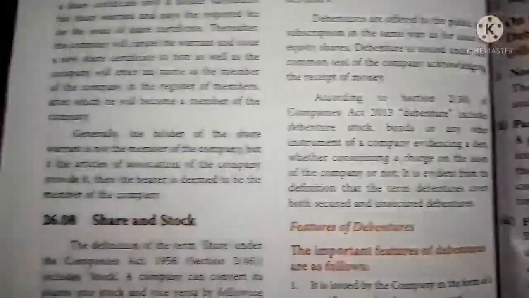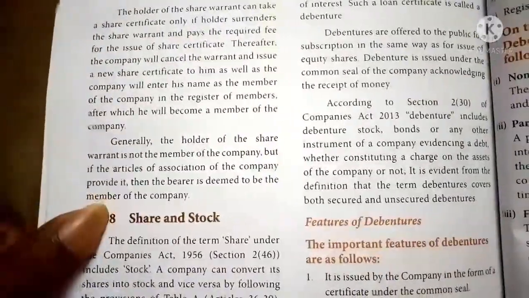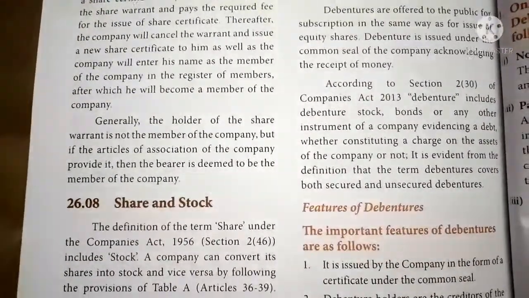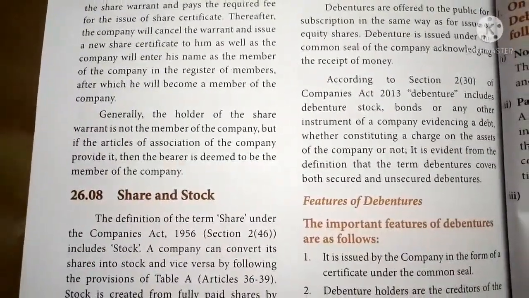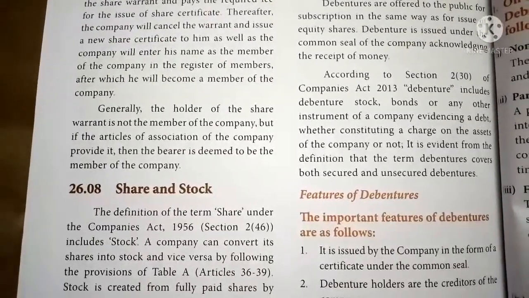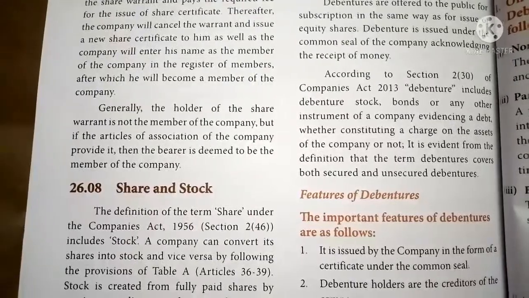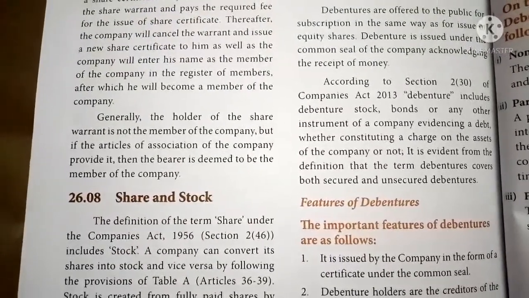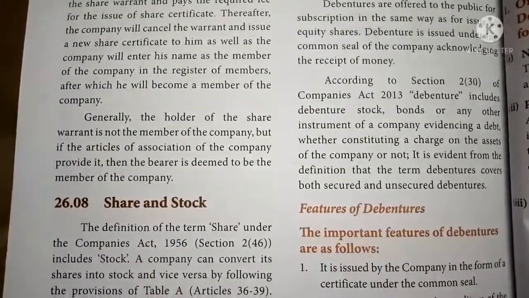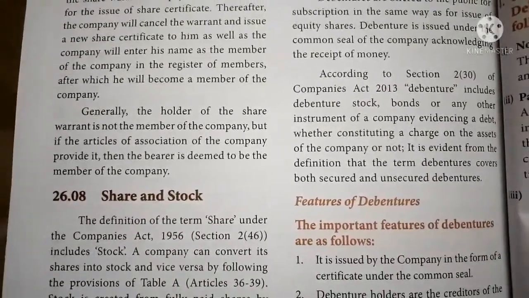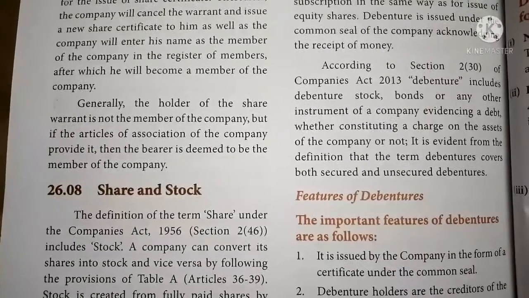According to Section 2 subsection 30 of the Companies Act 2013, debenture includes debenture stock, bonds, or any other instrument of a company evidencing a debt. The company will issue a debenture certificate in order to acknowledge the debt received by the company from the holder.